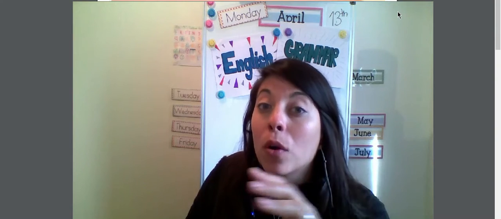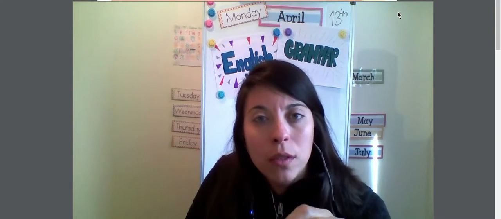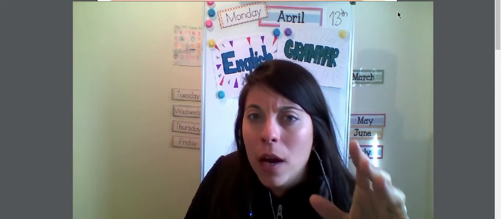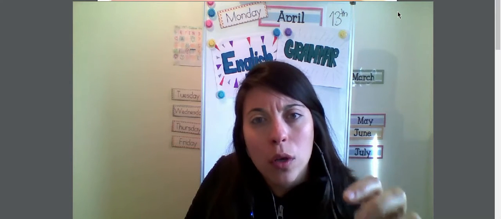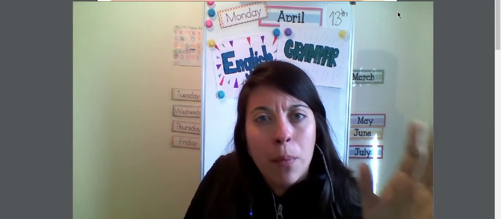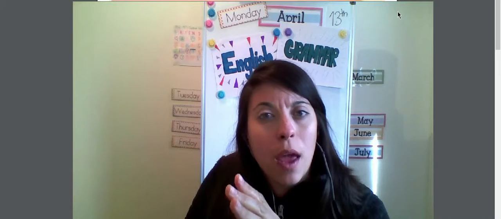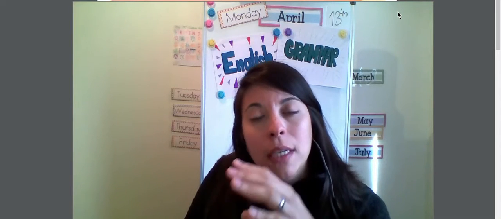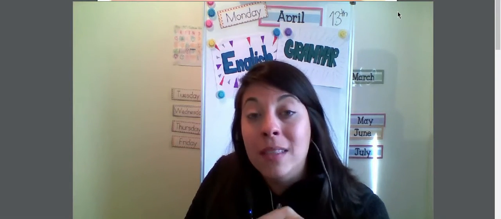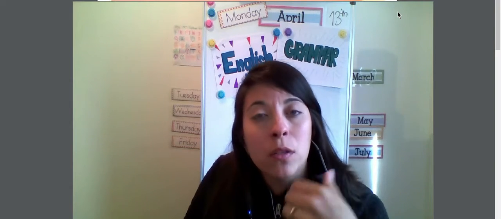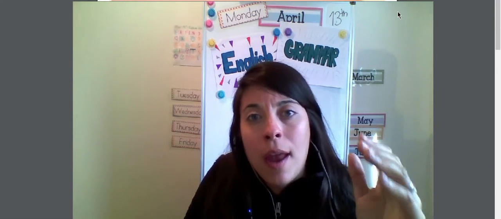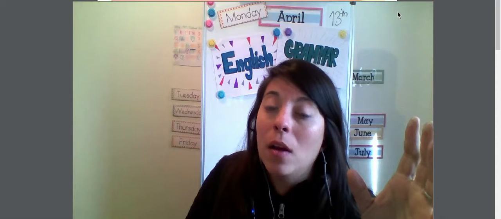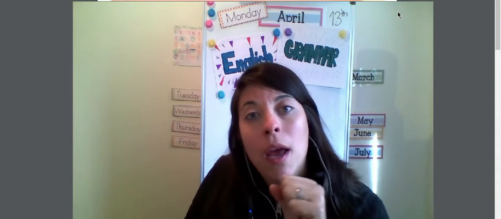We've gone deeper into nouns, and we started classifying nouns, how they are words that name a person, a place, a thing, or an idea. We did that, and we know that a noun is a thing or a person, and I know that nouns can be common nouns or proper nouns.